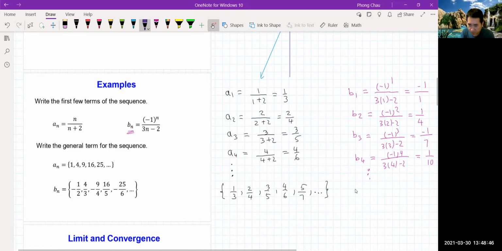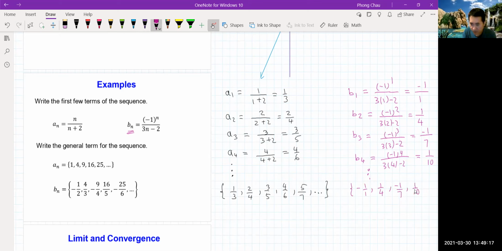Likewise, for b sub n, if you write down all the terms, the first one is negative 1 over 1, and then 1 over 4, negative 1 over 7, 1 over 10.